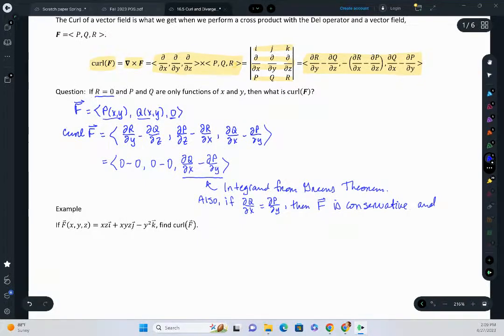And it also means then that the curl of f would be the 0 vector.